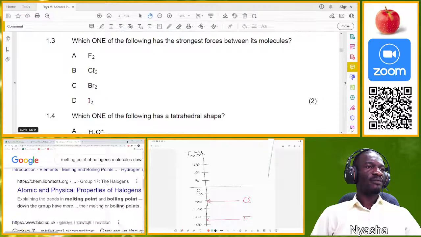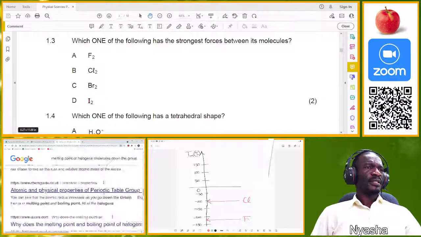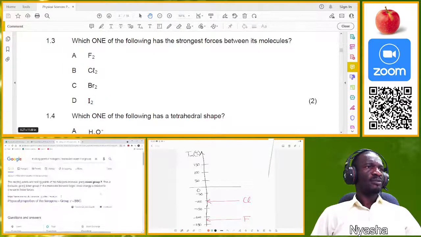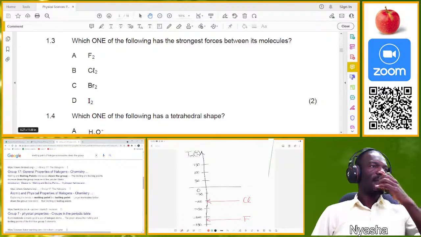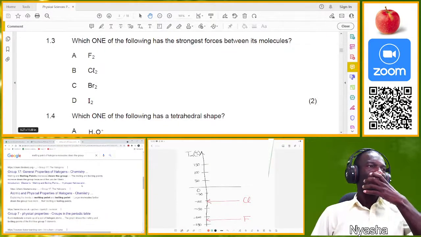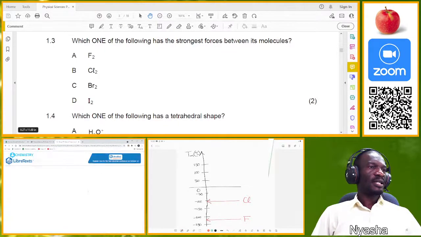Okay, I'm seeing a lot of options there. Let's see. Down the group, melting point, down the group. Is there someone who wrote these specifically for halogens? Specifically for halogen gases or halogen molecules.